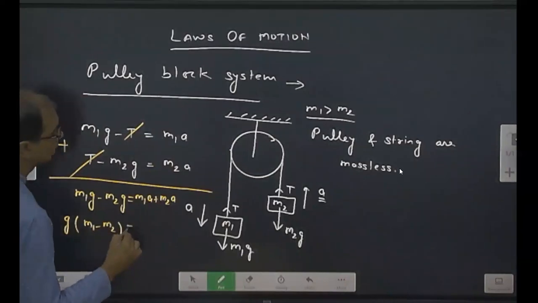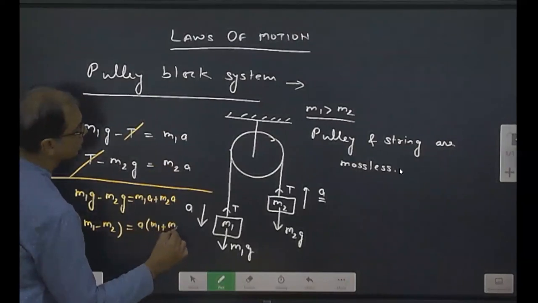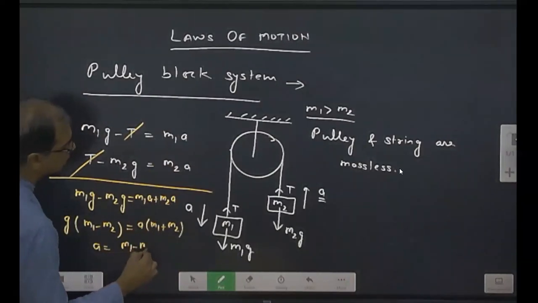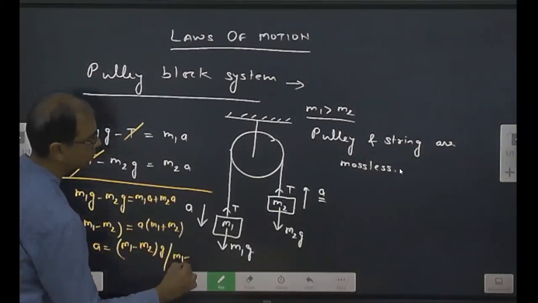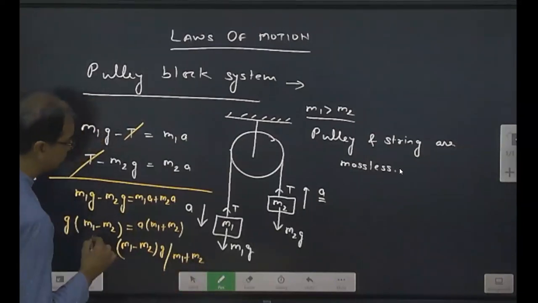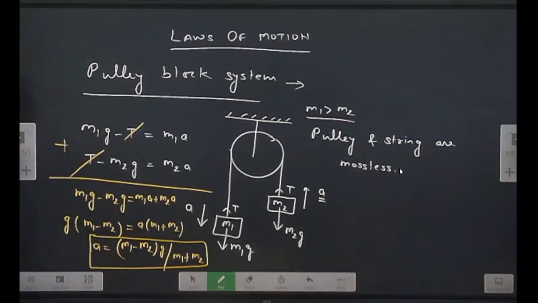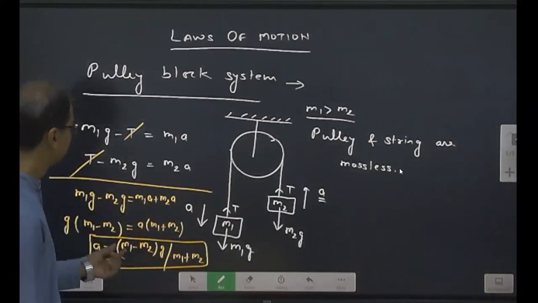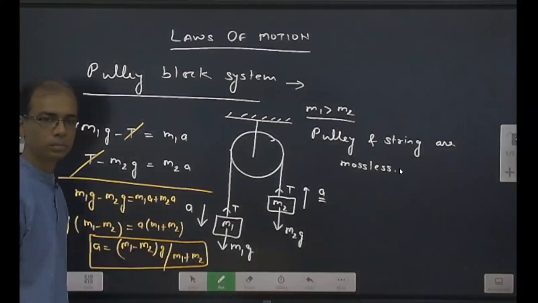Here a we can take common. It's m1 plus m2. So the acceleration which is coming is (m1 minus m2) g by (m1 plus m2). We can remember this as a formula. Acceleration is (m1 minus m2) into g by (m1 plus m2). That means the heavier mass weight minus lower mass weight by total mass.